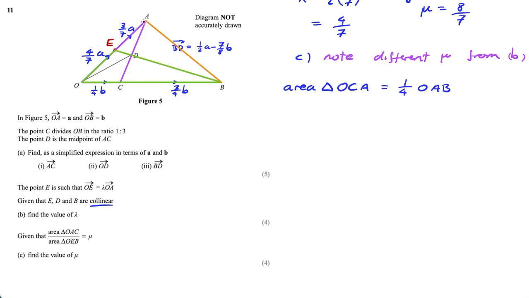The height goes up to A, but our base here, the purple guy's base, is a quarter of the big guy's base.